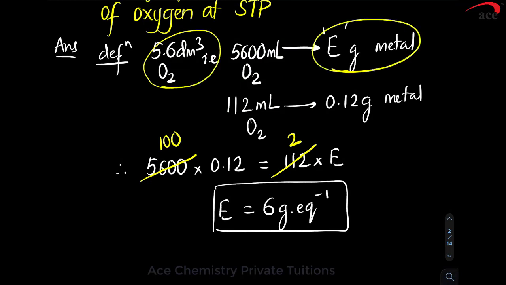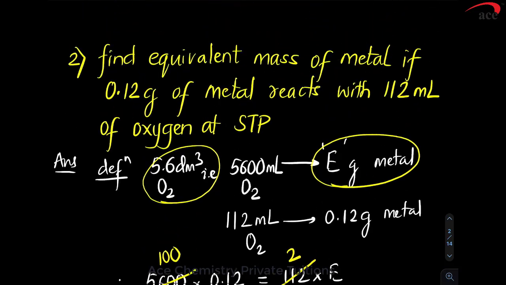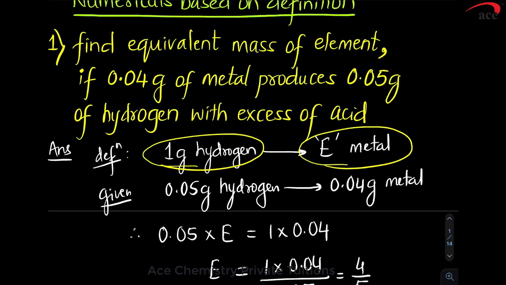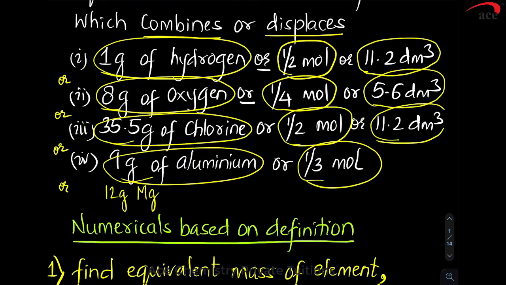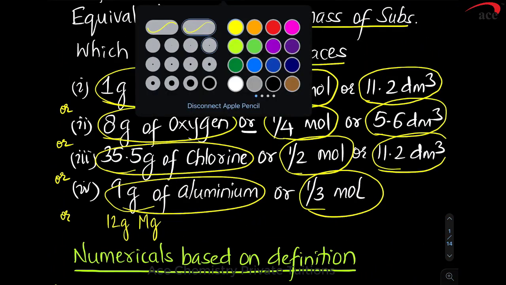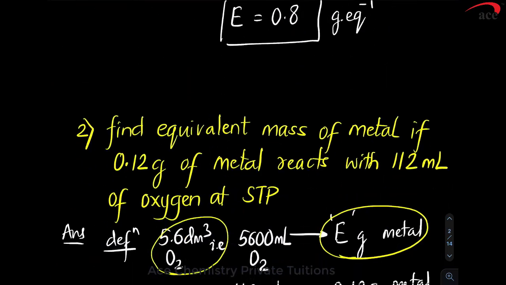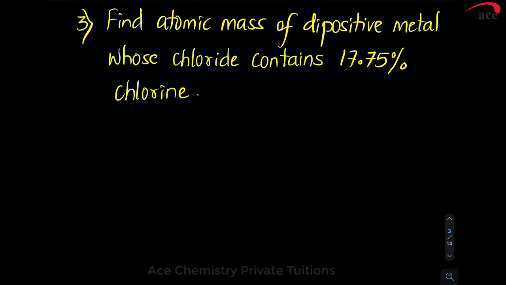Remember the important point: we said 5.6 decimeter cube of oxygen corresponds to E gram of metal. Similarly, in the previous case, 1 gram of hydrogen corresponds to E. From where did you get this? From the definition. Equivalent mass is that mass of the substance which combines with 1 gram of hydrogen, or half a mole or 11.2 decimeter cube, or 8 gram of oxygen, 1/4 mole or 5.6 decimeter cube, and so on.